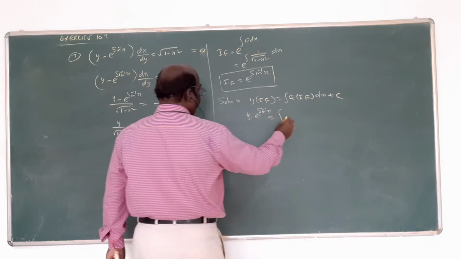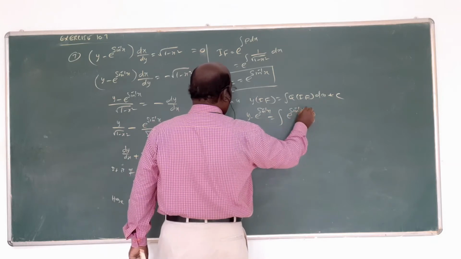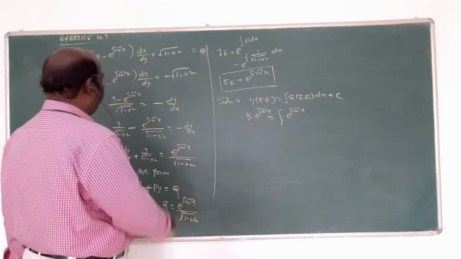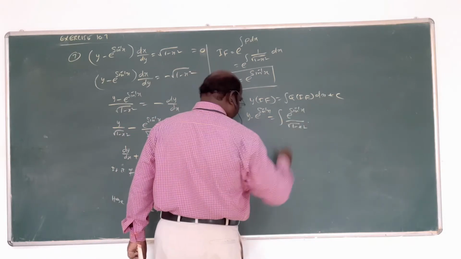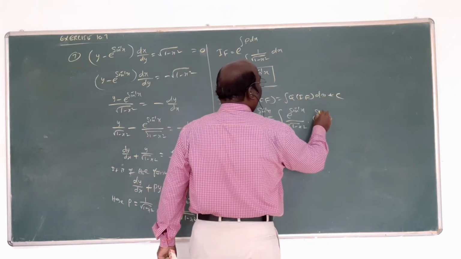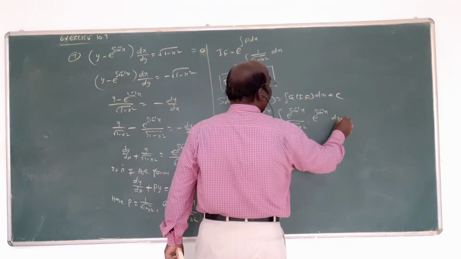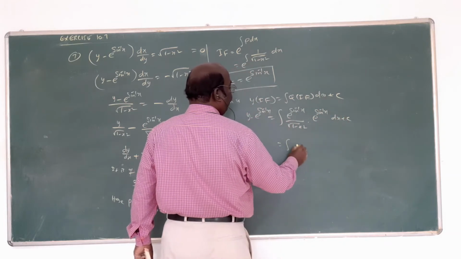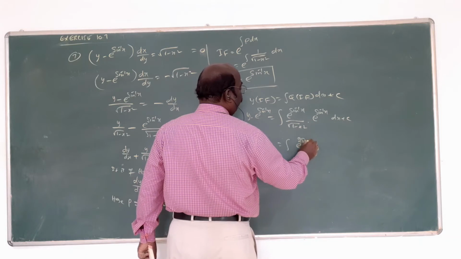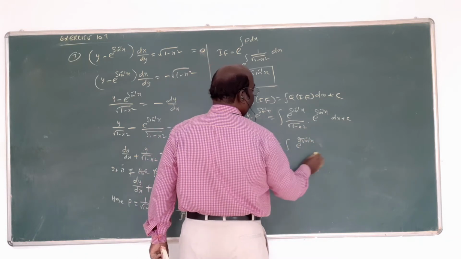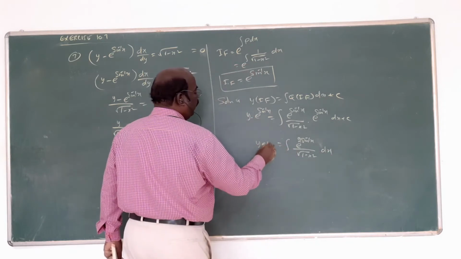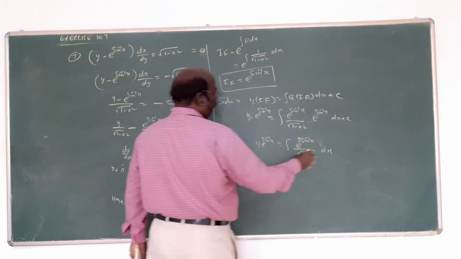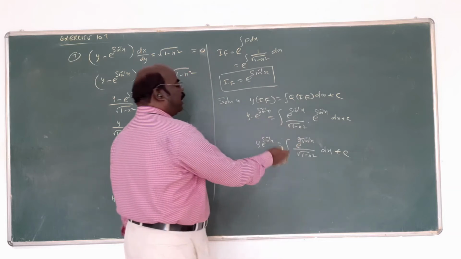Q is e power sin⁻¹x divided by root of 1 minus x square, into this IF also e power sin⁻¹x. This can be written as e power 2 times sin⁻¹x. Left hand side is the same thing, plus it. Now this is not in an easy form.